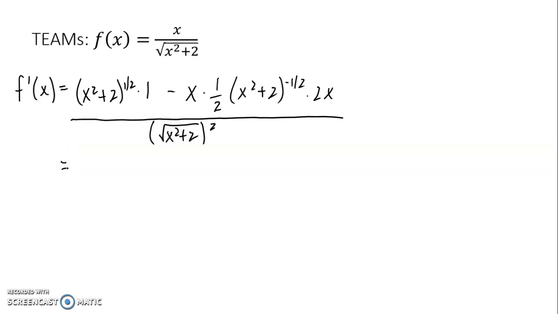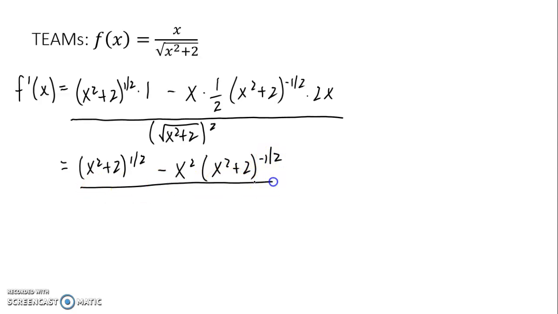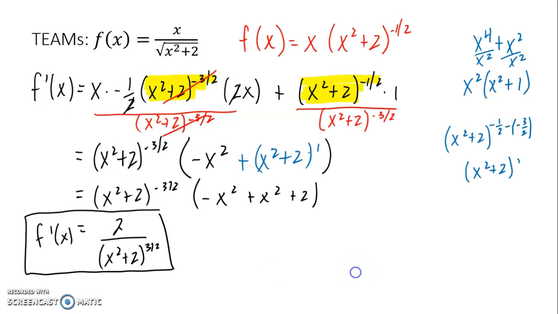Okay, so when we look at this, now we're really dealing with 3 terms, 3 pieces of this rational expression. So you still need to be able to simplify it and verify that we get that 2 over x squared plus 2 to the 3/2.